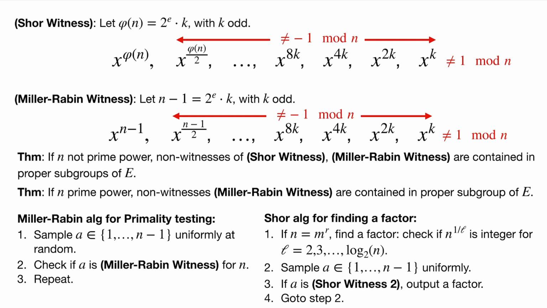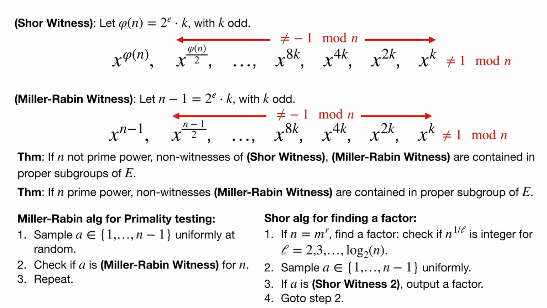And if it is a witness, we obtain a factor, because we actually find a number that's a non-trivial square root of 1. And if it's not a witness, we repeat this process. So that's Shor's algorithm for factoring. It can be implemented efficiently in a quantum computer.